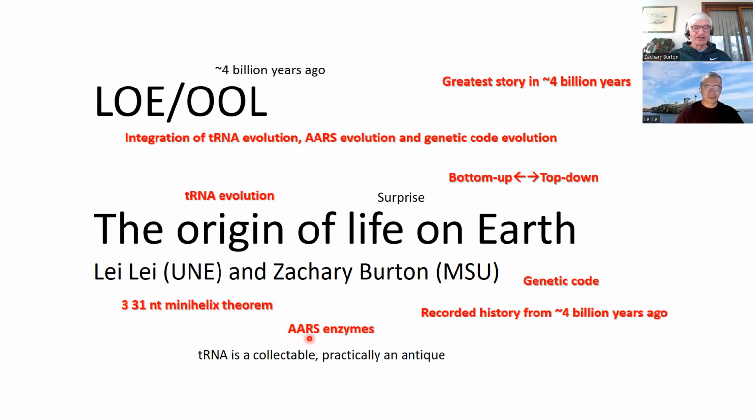So aminoacyl tRNA synthetase enzymes, those are the enzymes that put an amino acid on a tRNA. Those are very important. And if you look at the pattern by which these radiated, it gives you the pattern by which the genetic code evolved, remarkably. Transfer RNA, I'm going to say, is a collectible, practically an antique at an age of about 4 billion years.